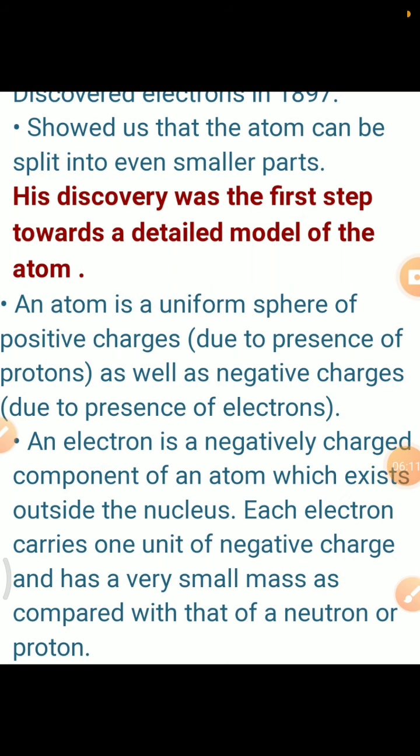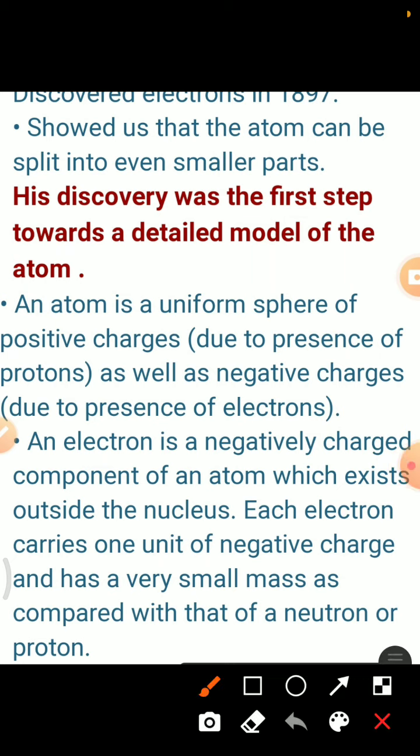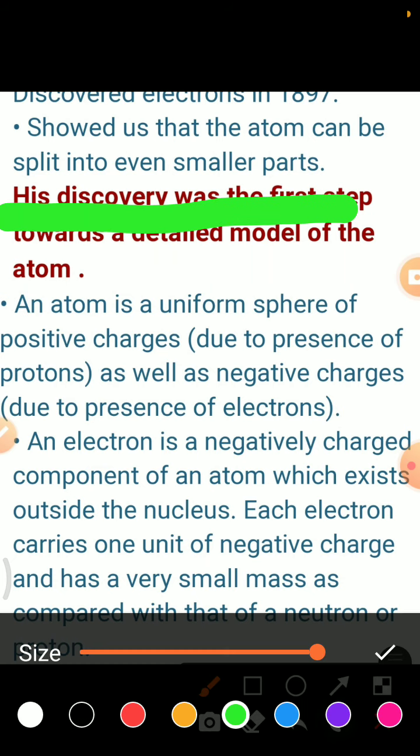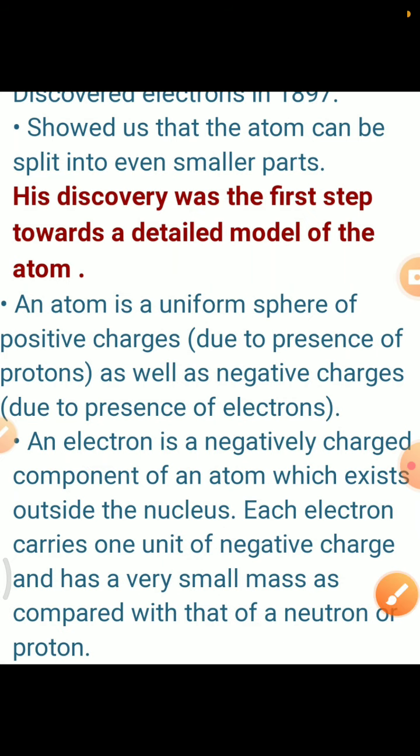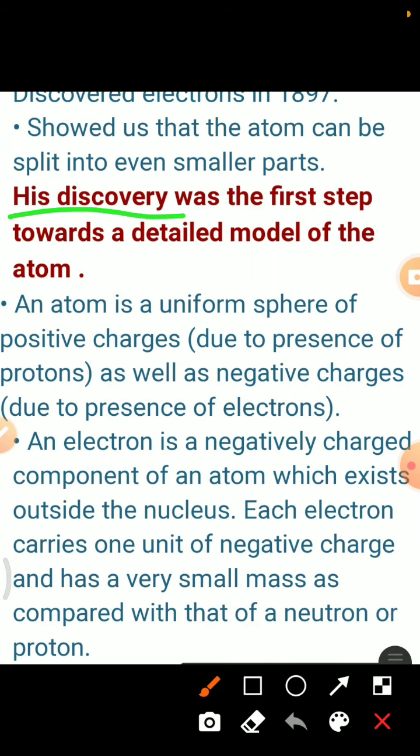His discovery was the first step toward a detailed model of the atom. The discovery of J.J. Thomson was the first step toward the detailed model of the atom.